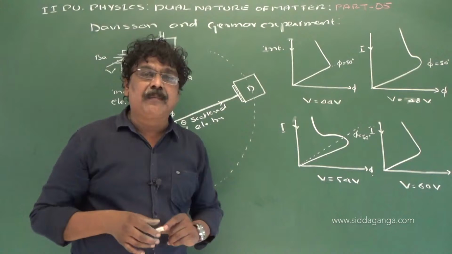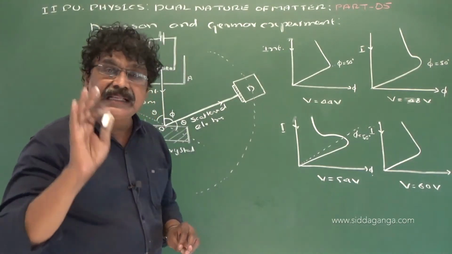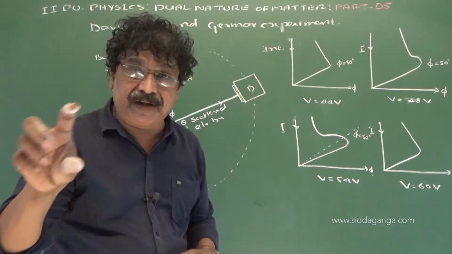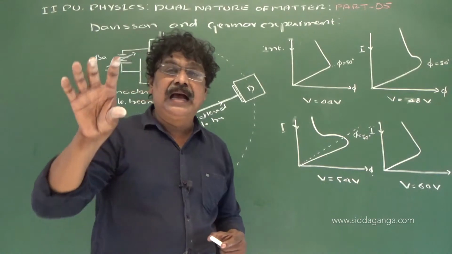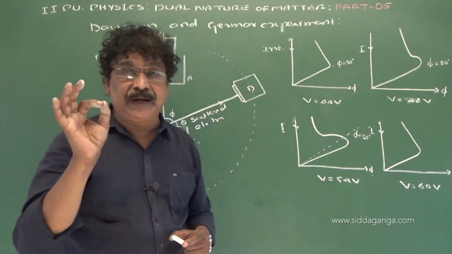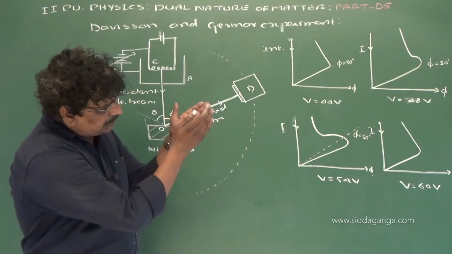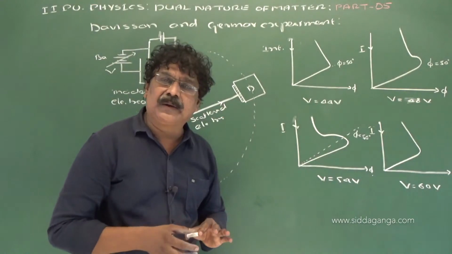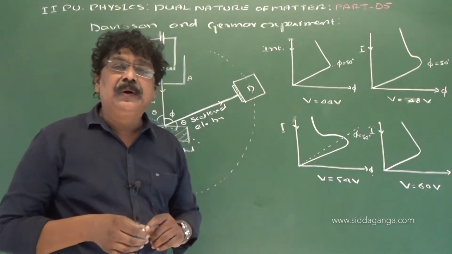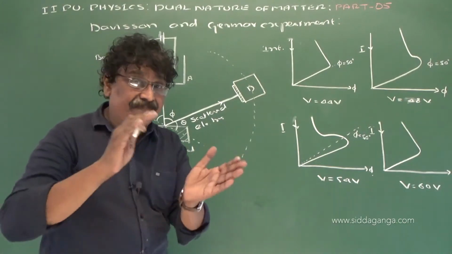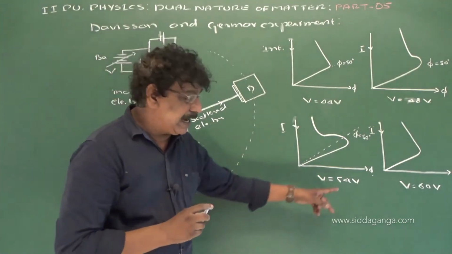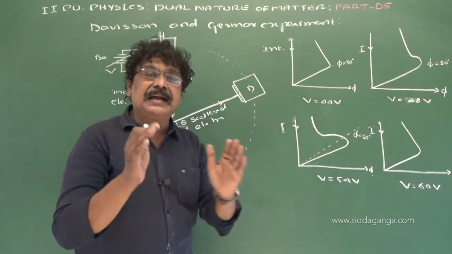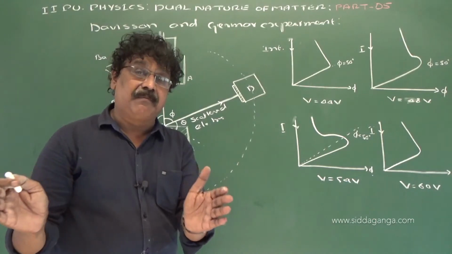That means we can come to the conclusion that the intensity of scattered light is maximum at 54 volt, at angle phi equal to 50 degrees. Now this maximum intensity at 54 volt is due to diffraction, particularly selectively at 54 volt and 50-degree angle of scattering, the intensity of electron becomes maximum.